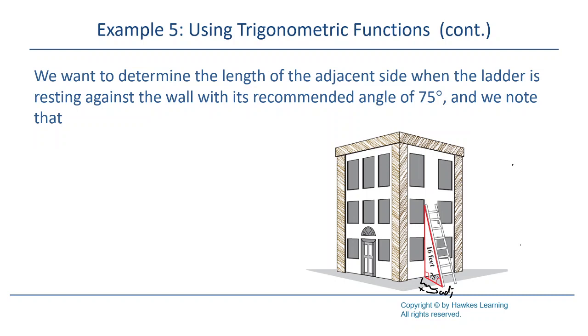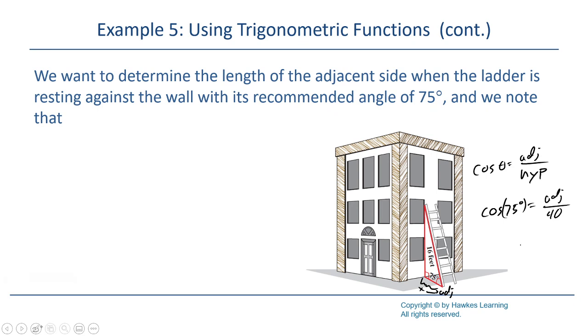So we have the adjacent, the hypotenuse, and the angle. So going back to trig functions, cosine of theta should equal the adjacent over the hypotenuse. So right now I've got cosine of 75 degrees equals the adjacent side over 40. Or sorry, over 16.